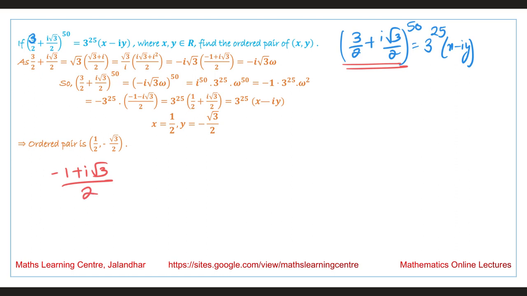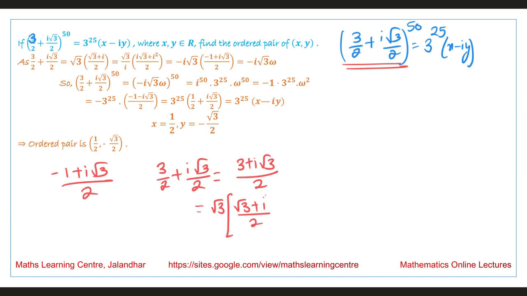The number we have here is 3 by 2 plus iota root 3 by 2. If we take 2 common, we have 3 plus iota root 3. Now if we take root 3 common, we get (root 3 plus iota) by 2.